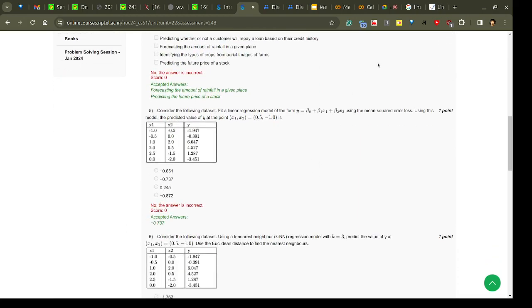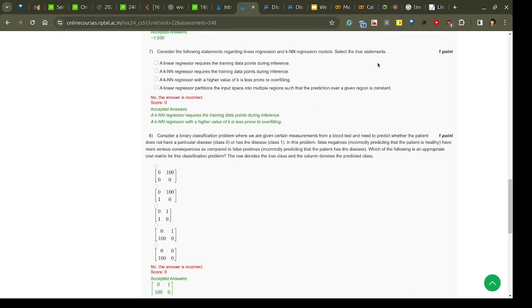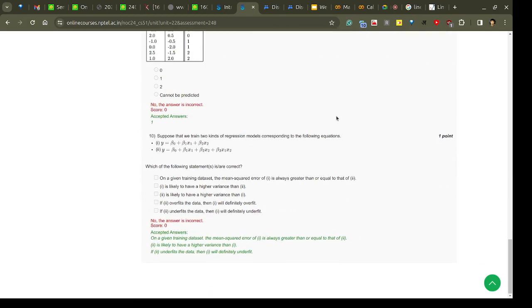Sir, in one question, between KNN and linear regressor, there is a question on whether the training set is needed, with true and false statements. For linear regressor, it has been given that only KNN needs the training set. Linear regressor also needs the training set, no, sir?